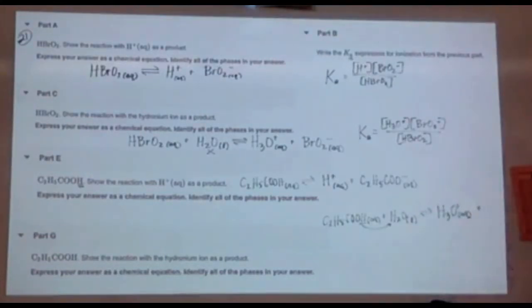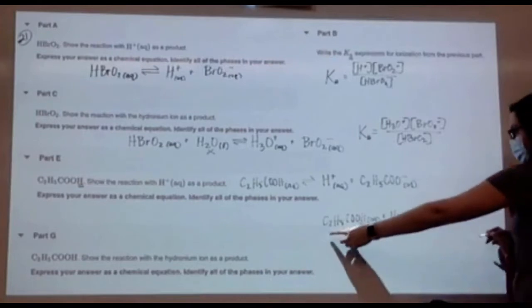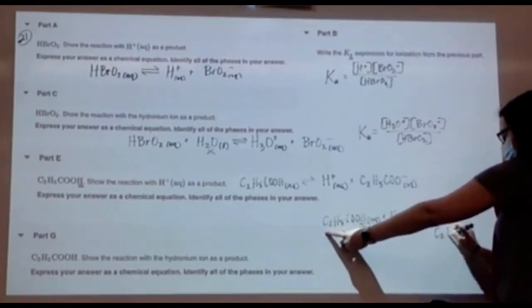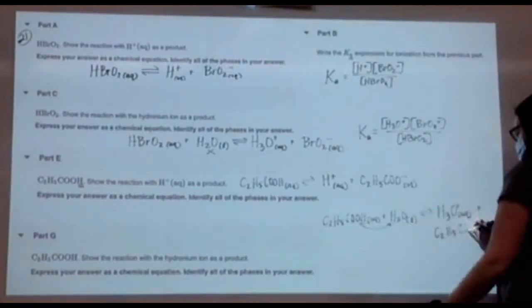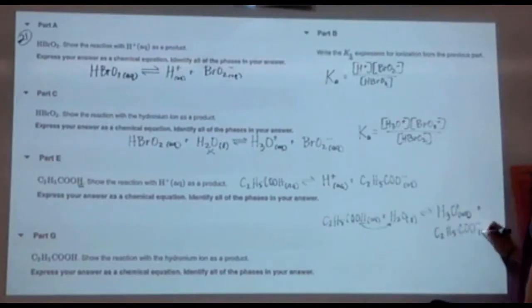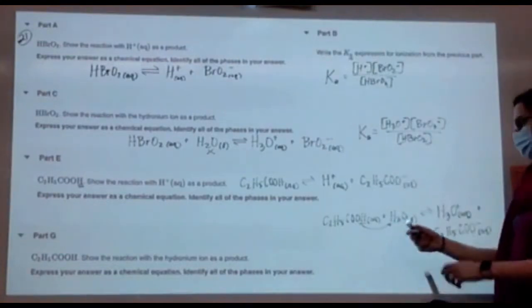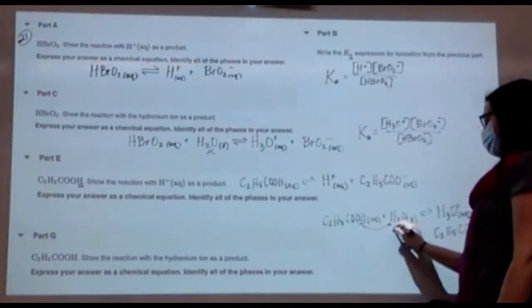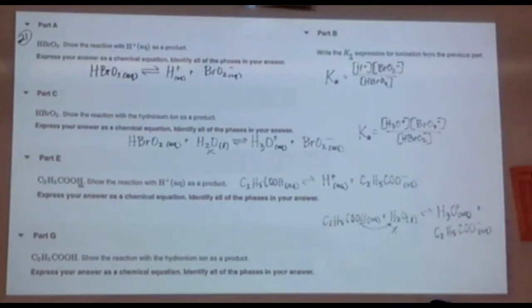Ions are always aqueous. Plus conjugate base, C2H5COO minus, which is aqueous. In part H, when you're writing the K expression, don't forget, liquids do not get included.